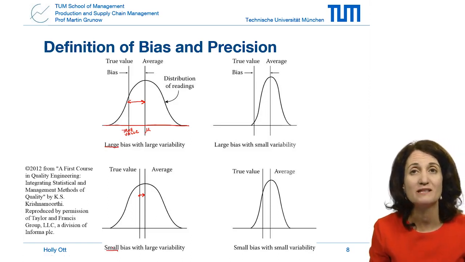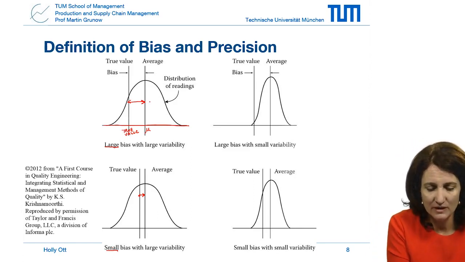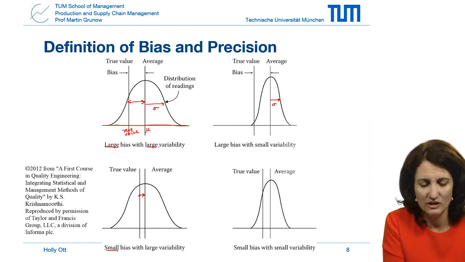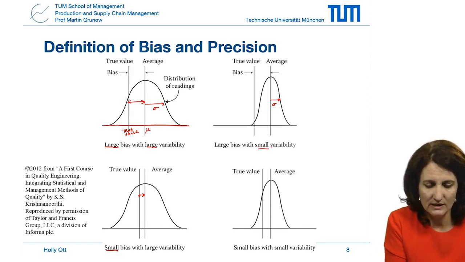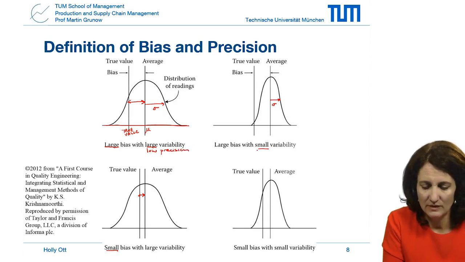Precision, we said, is measured by the standard deviation of the readings, which measures the lack of precision, or the opposite of variability. Here, for example, we have a large standard deviation, and here we have a smaller standard deviation. So here we have a large variability, and here a small variability. In this case we have low precision, and here we have high precision.